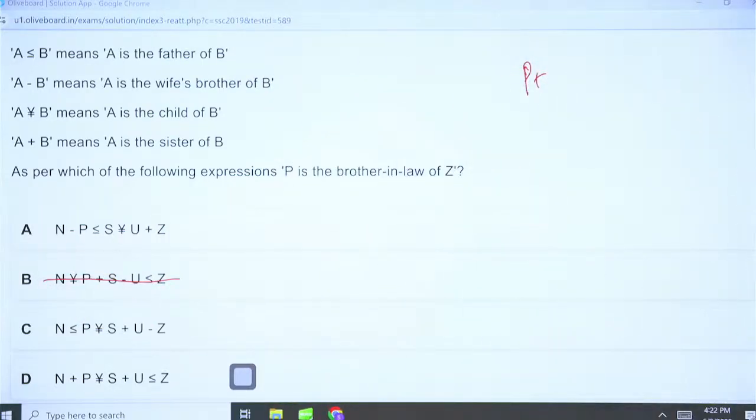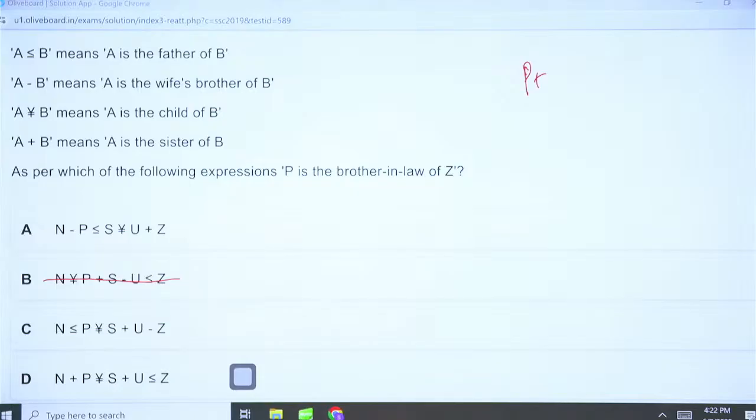Now, P is the brother-in-law of Z. So P is wife's brother of Z. Do we have P minus Z directly anywhere? No. Okay, that goes. And they are all in the same direction only. Okay.